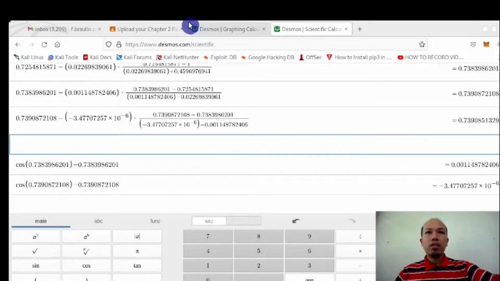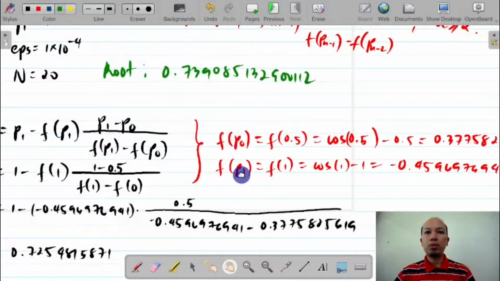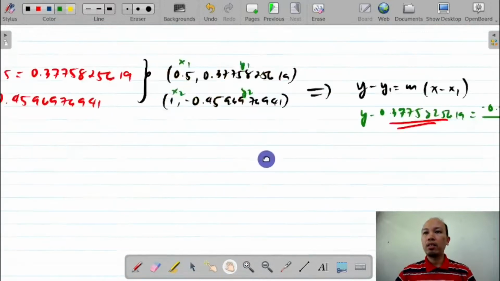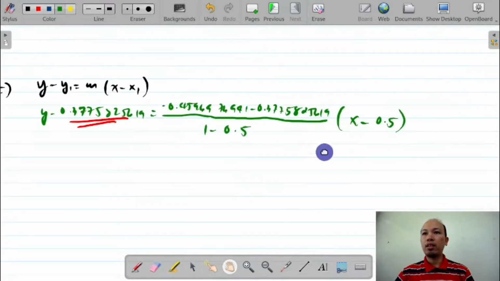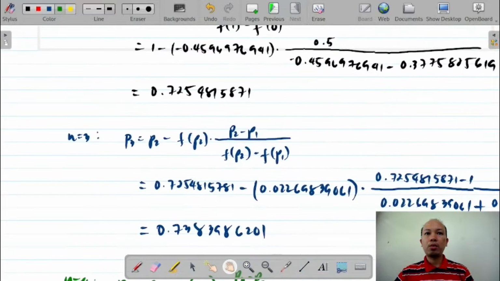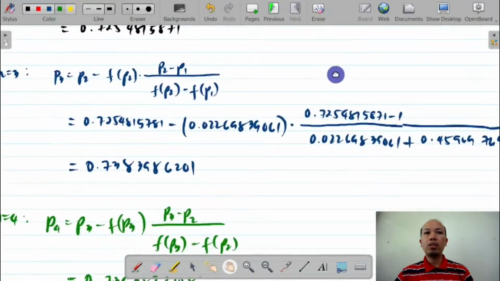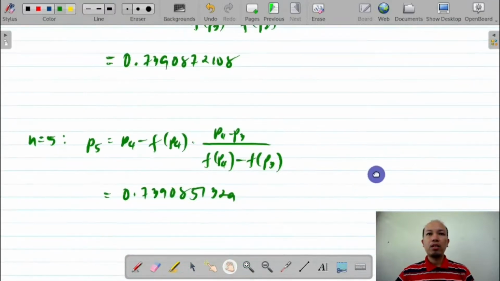So in the table, I'm going to add the second line, this one here, for n is equal to 3, n is equal to 4, and n is equal to 5. So that's how you are going to calculate by hand the iterates for this example.